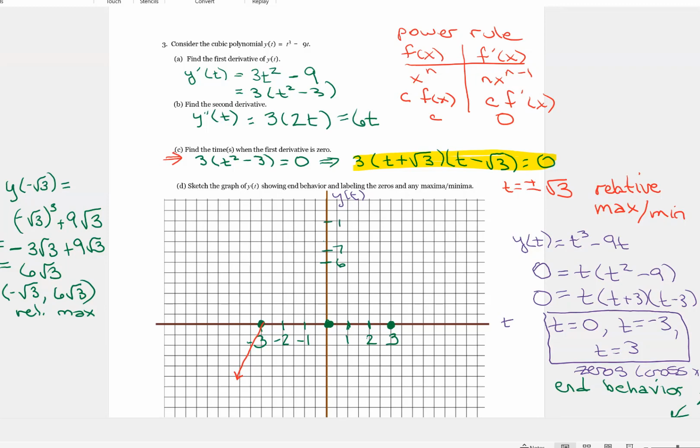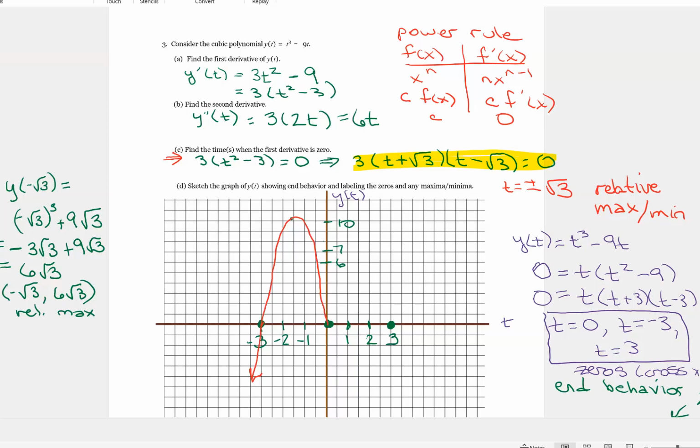That means right around here is going to be my maximum value. Let's change the slope of that line and say we're going to come down like this. And then we're going to come down like this.